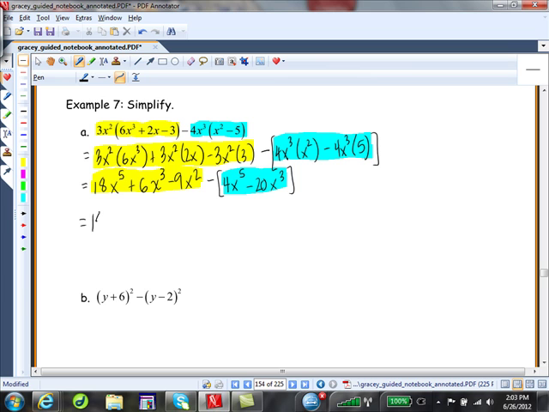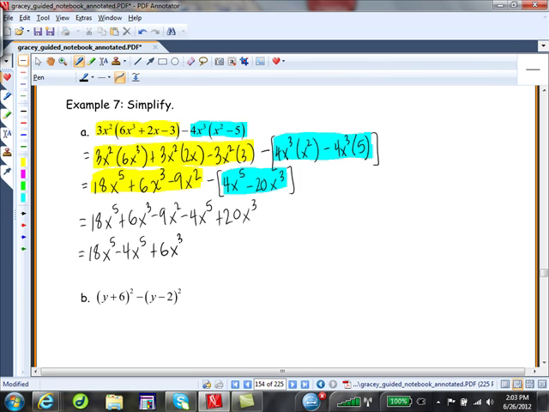So we'll have 18x to the 5th plus 6x cubed minus 9x squared. I'm going to distribute the minus throughout the blue. And this is what we end up with. Combining like terms, I have 18x to the 5th minus 4x to the 5th.